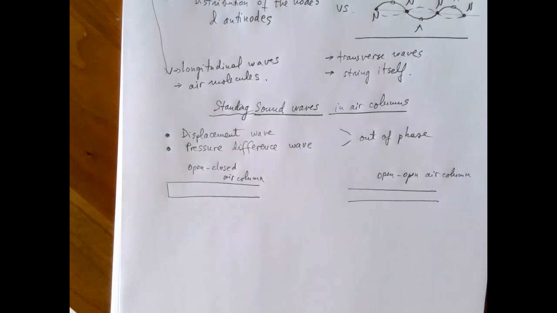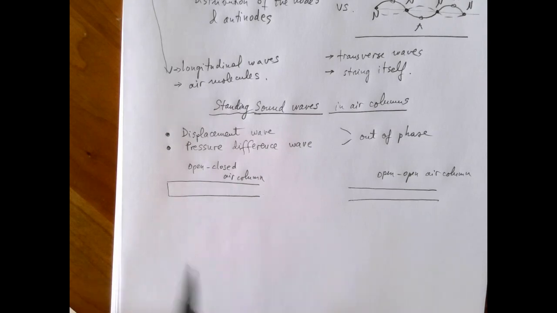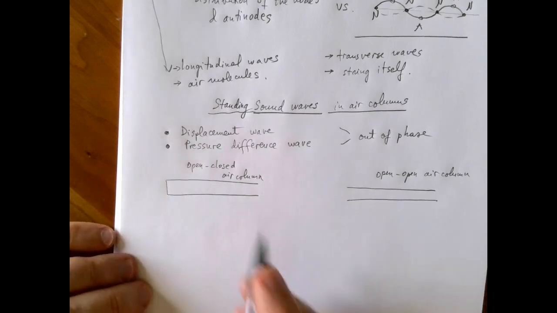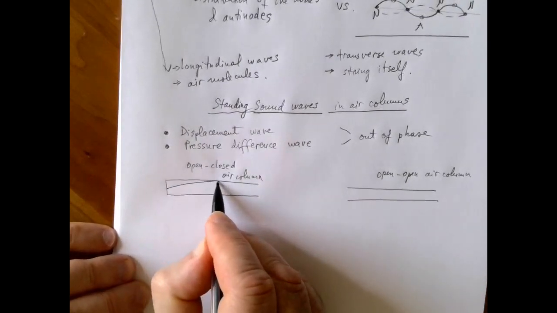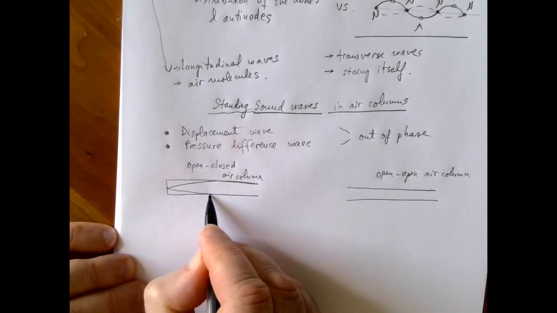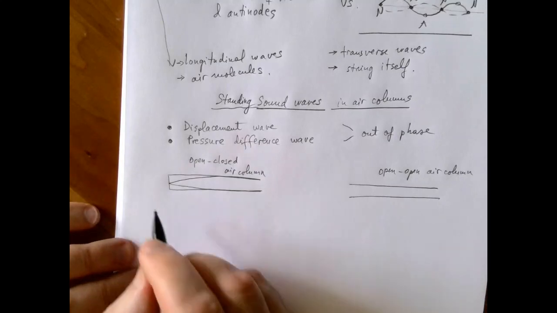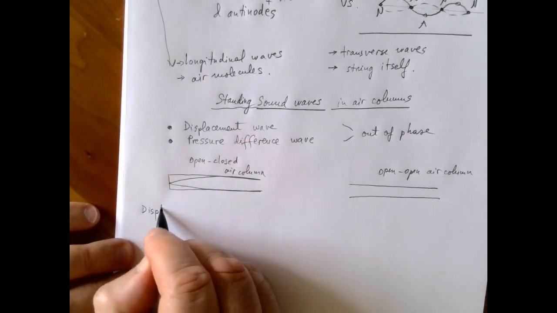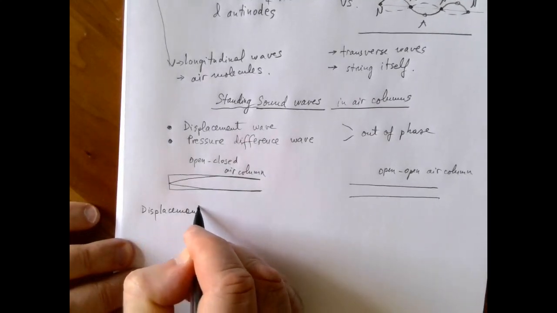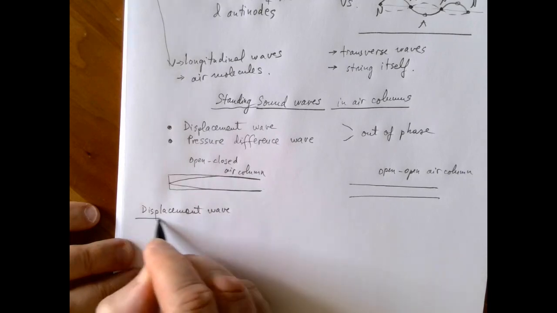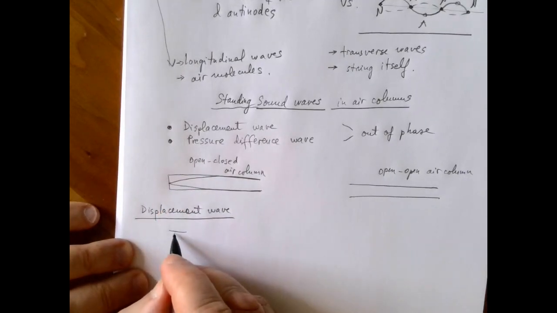Now, if I look at a displacement wave in an open-closed column, I can represent it like this. So this is the displacement wave, and notice when it comes to the displacement wave that at the closed end I have a node.